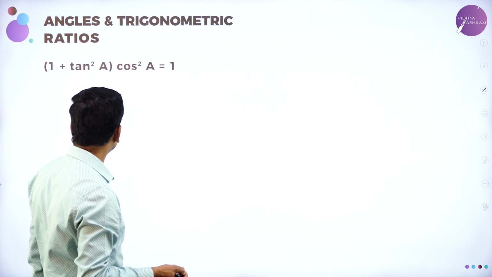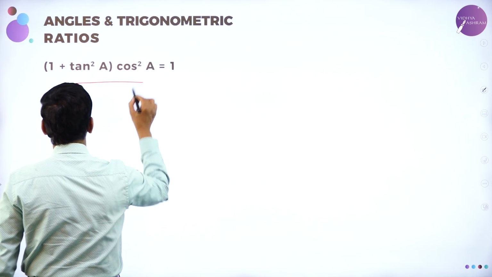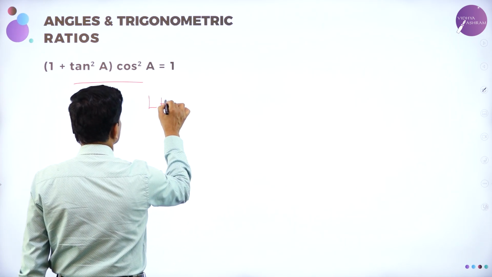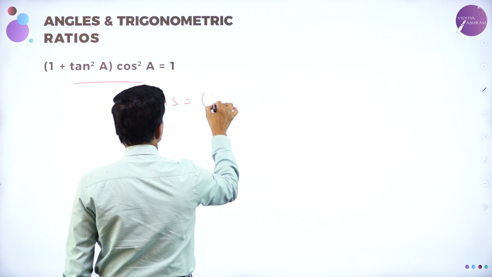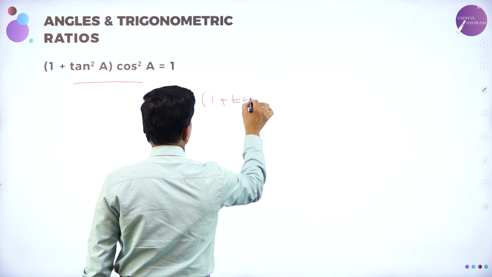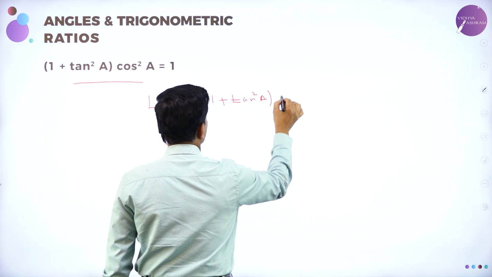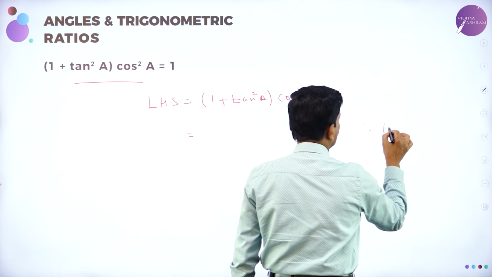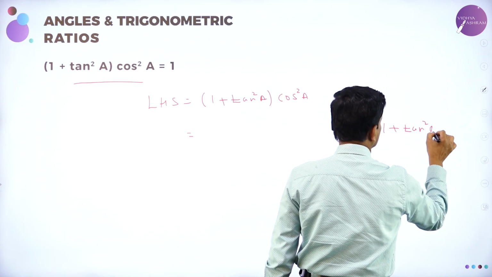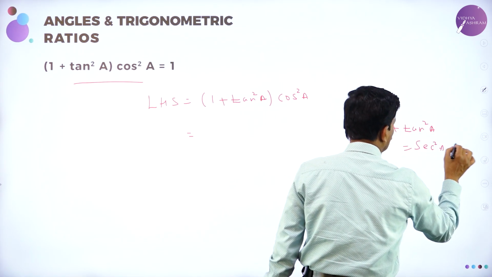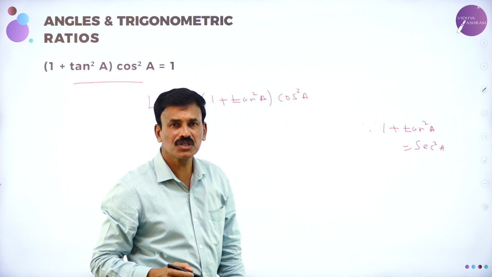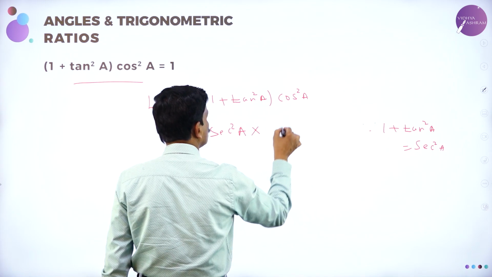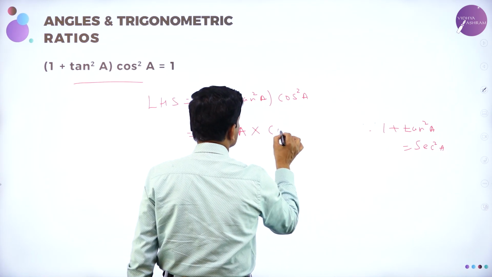Now, move on to the next problem. Prove that 1 plus tan square A into cos square A is equal to 1. Let us take LHS. LHS is 1 plus tan square A into cos square A. Now, there is an identity: 1 plus tan square A is equal to secant square A. So this is secant square A into cos square A as it is.